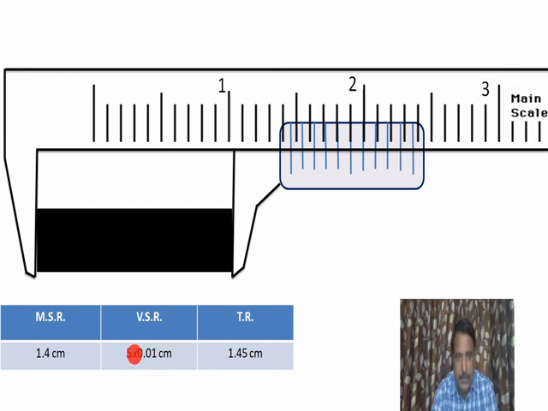So that means this dimension is more than 1.4 by an amount of 0.05 centimeter. So your total reading is main scale reading plus Vernier scale division into least count, that goes to 1.45 centimeters. So I hope this clears up for you how to make use of the Vernier caliper in doing the measurement and also the Vernier principle. Thank you very much, friends.